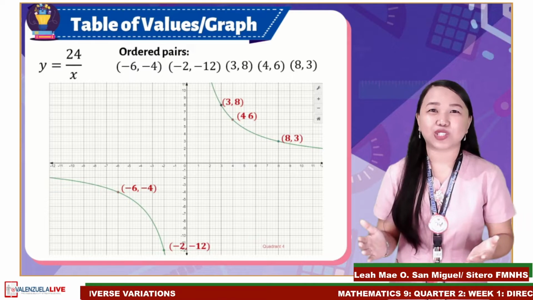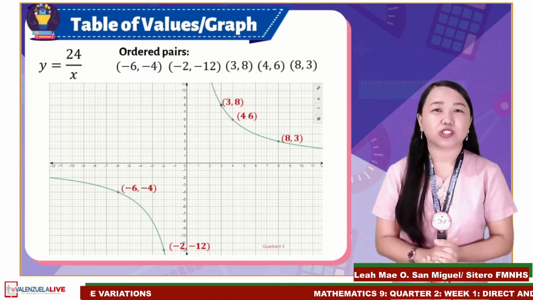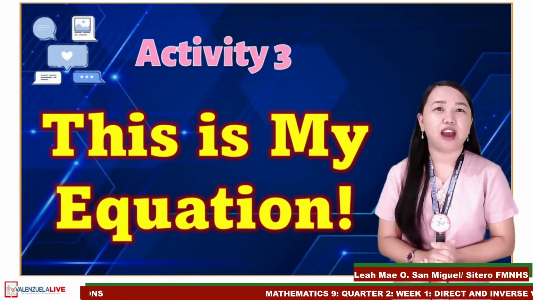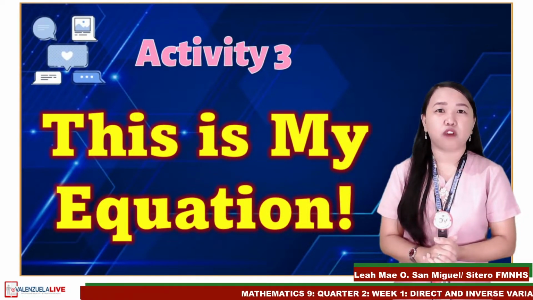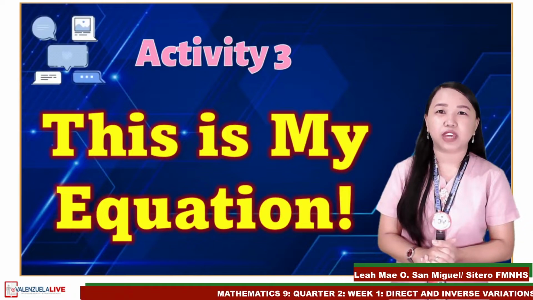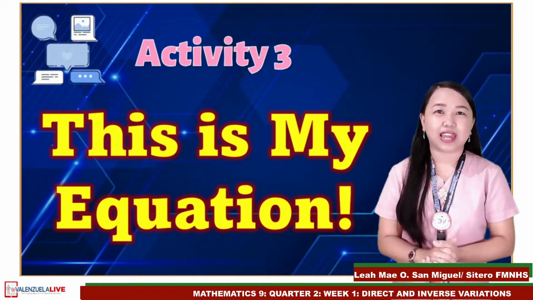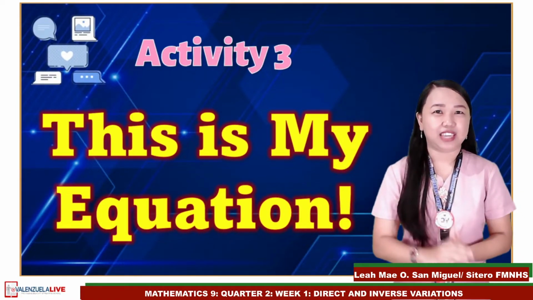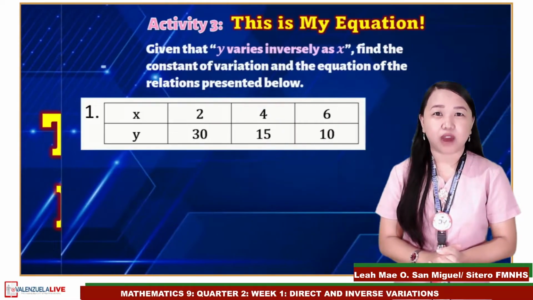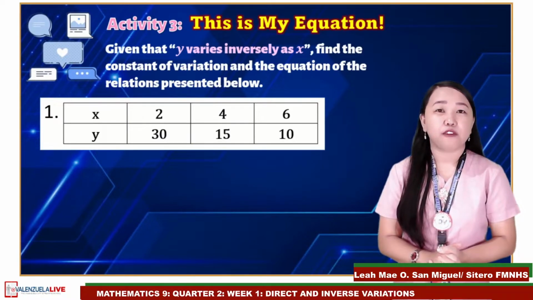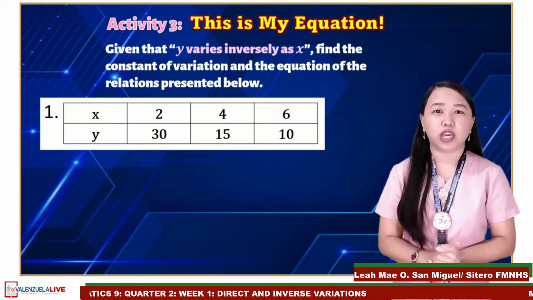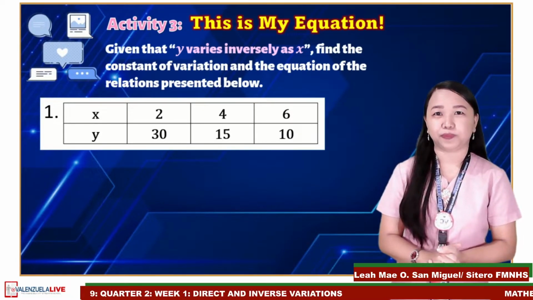Let us test your understanding about translating statements into a mathematical equation, graph, and table of values of an inverse variation by having Activity 3 entitled, This is my equation. Given that y varies inversely as x, find the constant of variation and the equation of the relations presented below.